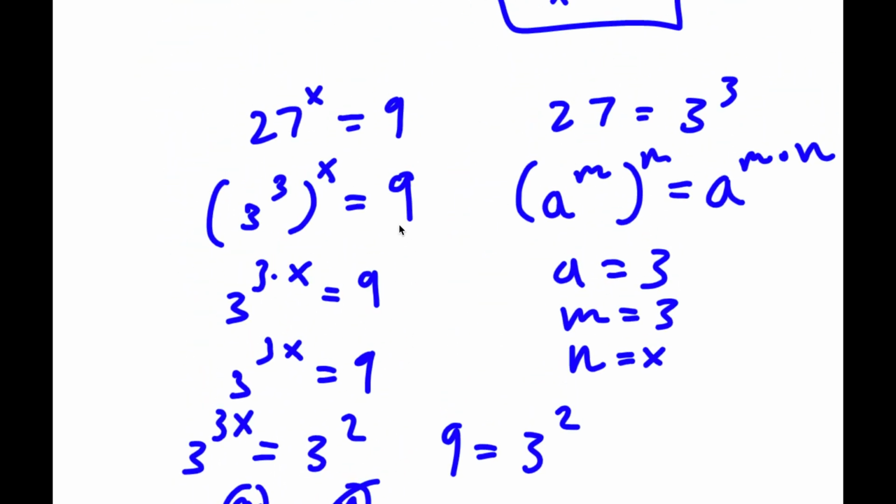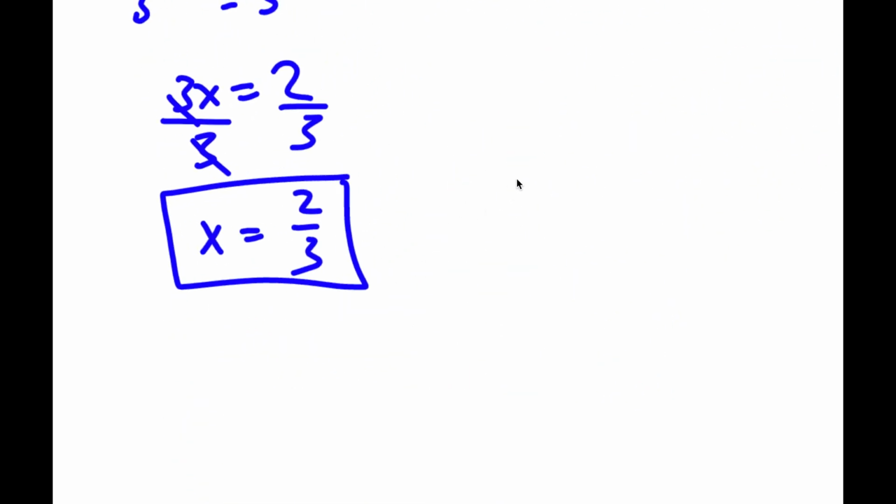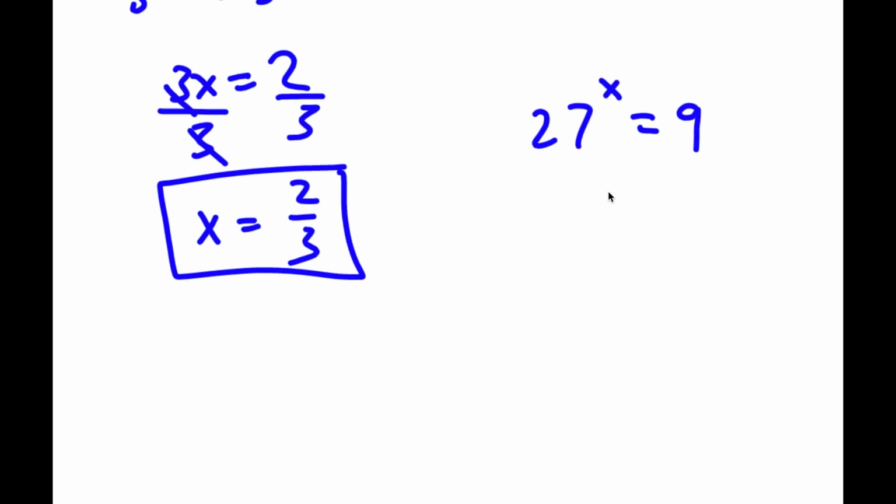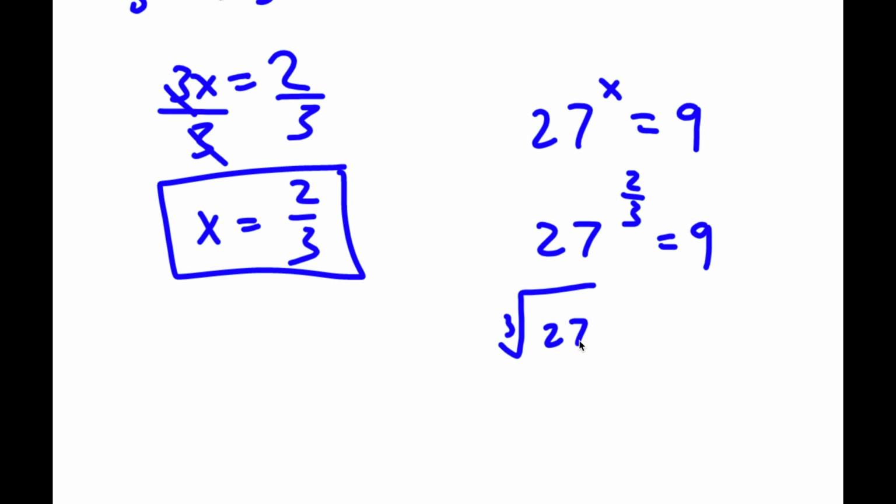Now to check, I'm going to plug in x equals 2 over 3 in the equation 27 to the power of x equals 9. So now I have 27 to the power of 2 over 3 is equal to 9. Now 27 to the power of 2 over 3 is the same thing as the cube root of 27 squared.